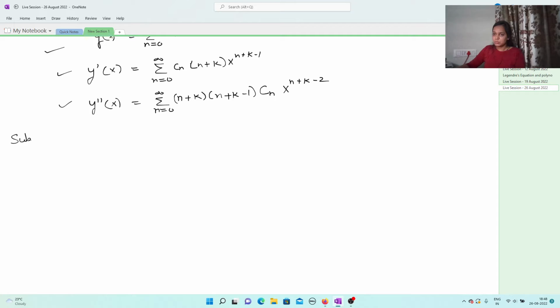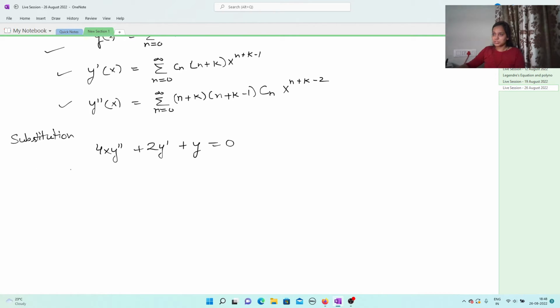So you have to do substitution. So the original equation is 4x y double dash plus 2y dash plus y equals 0.